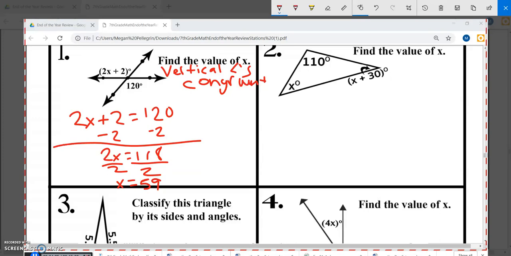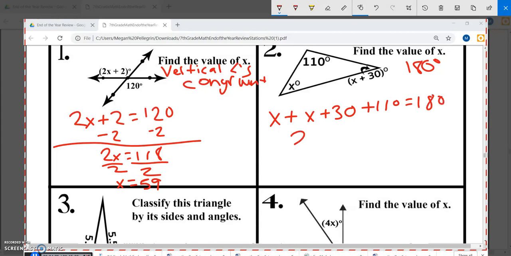Okay, again, find the value of x. So we have a triangle. What I know about a triangle is that the total value has to be 180 degrees. So x plus 30, so each angle, plus 110 has to equal a total of 180.